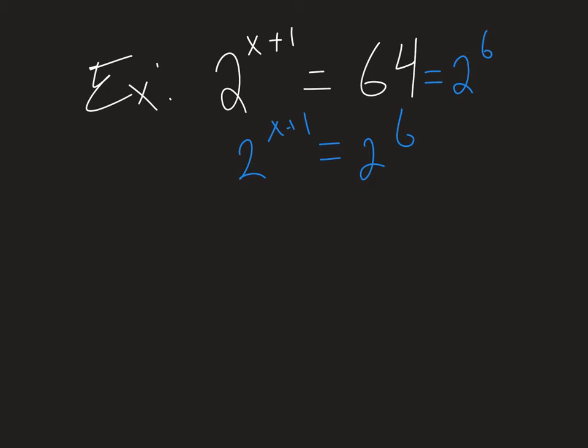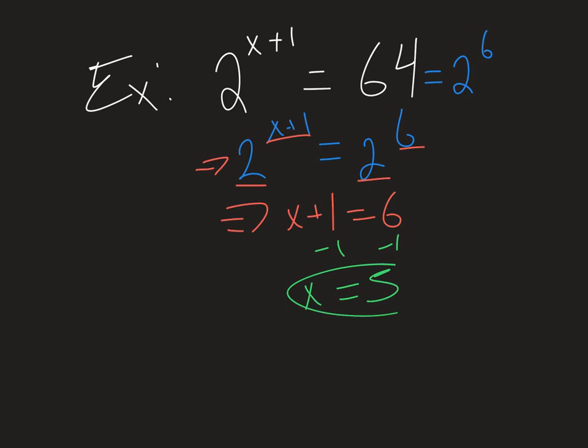Since I have the same base, I can now drop the bases. This can only be true if x plus 1 is equal to 6, because those powers have to be the same. Then I can employ some basic algebra skills. We subtract 1 from both sides, therefore x must be 5. And at this point, I'm finished.